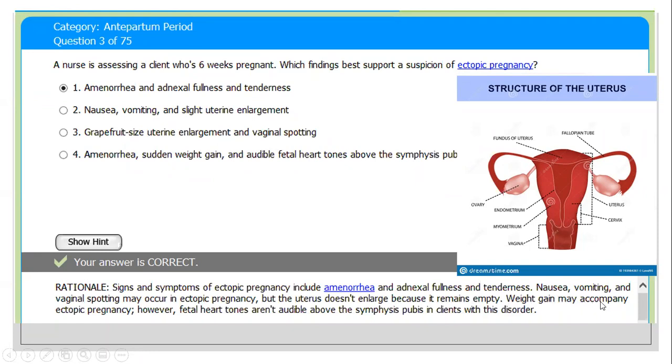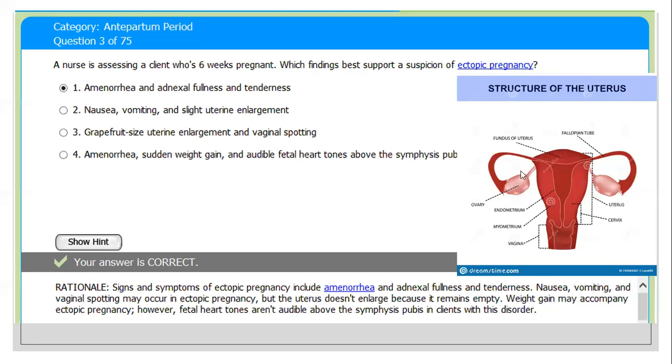Weight gain may accompany ectopic pregnancy. However, fetal heart tones are not audible above the symphysis pubis in a client with this disorder. So in this picture, we can see the normal anatomy of the uterus.